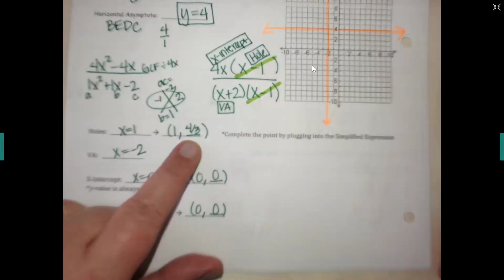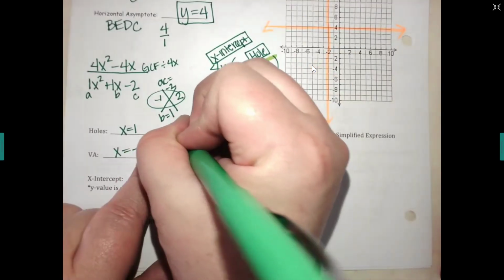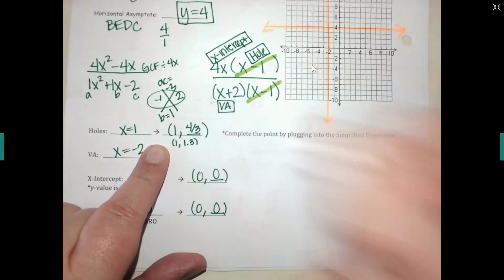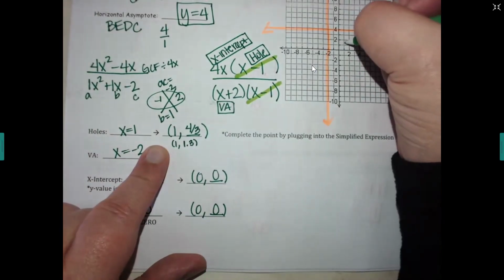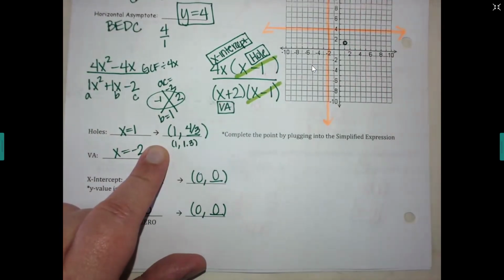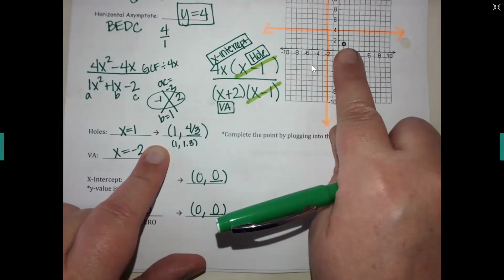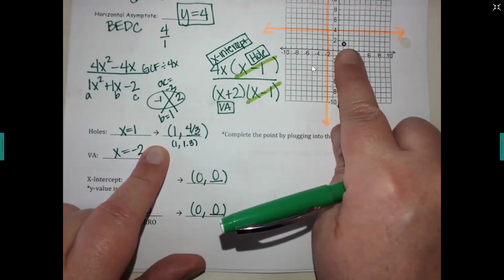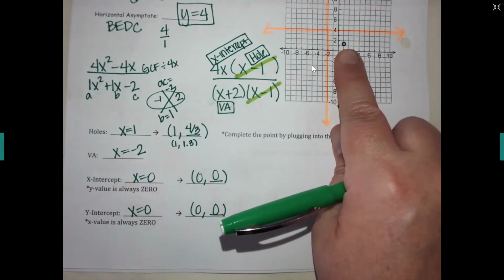I'm going to go to 1 comma 1.3. That would be here, and I'm going to draw an open circle, just like that. Your x is a 1. Your y is 4/3, which is a little bit bigger than 1. It's 1.3. So you're just doing your best. Draw a circle there.